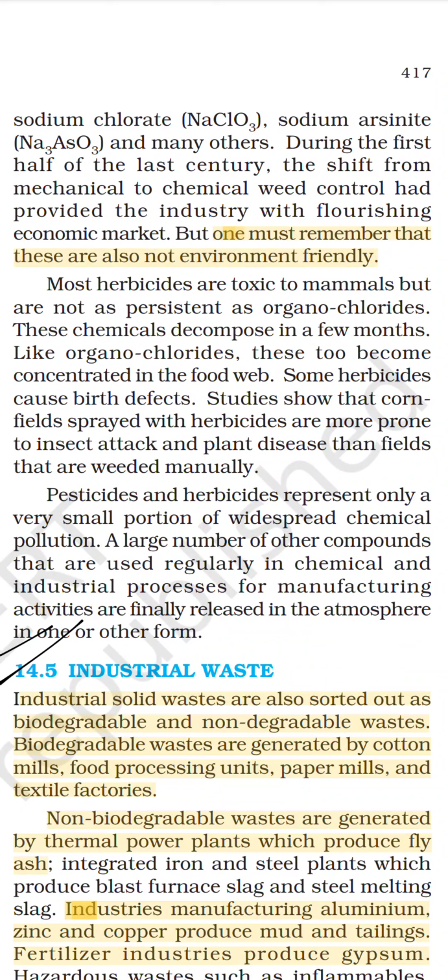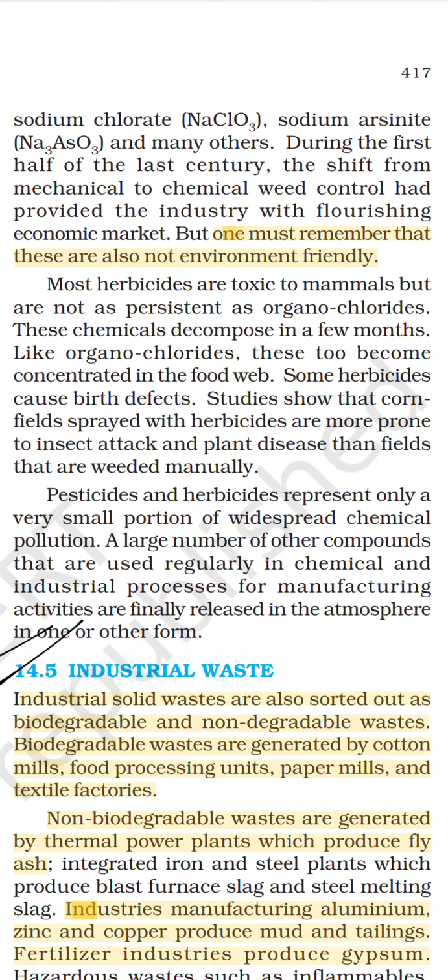Most herbicides are toxic to mammals but are not as persistent as organochlorides. These chemicals decompose in a few months. Like organochlorides, these too become concentrated in the food web. Some herbicides cause birth defects.